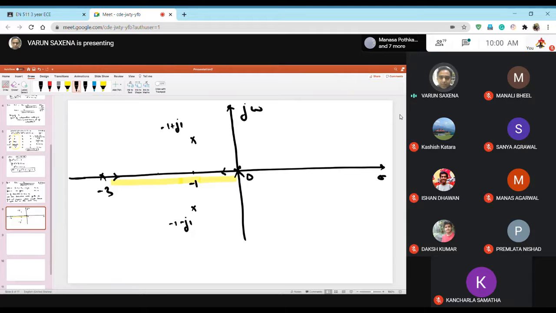How do you find the breakaway point value? You evaluate dK by ds equals 0. From there you get the value of s at which there will be a breakaway point.